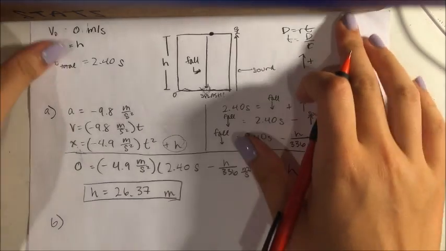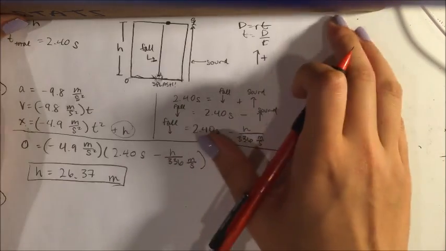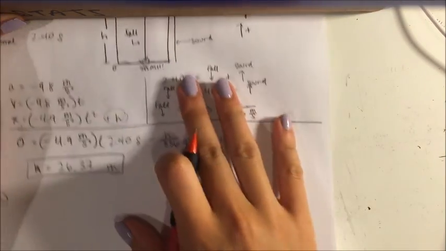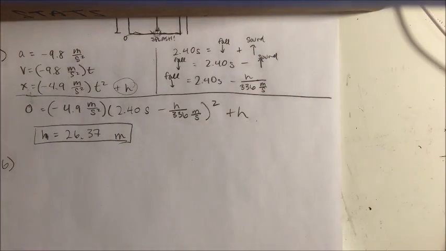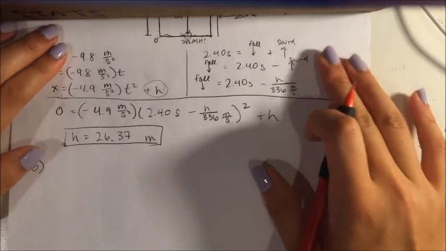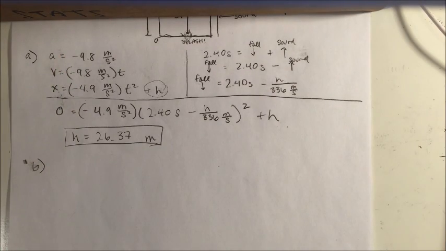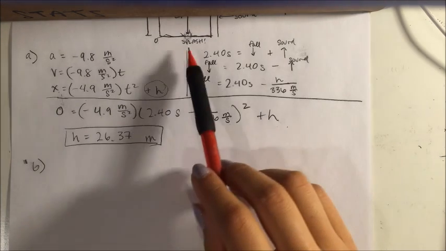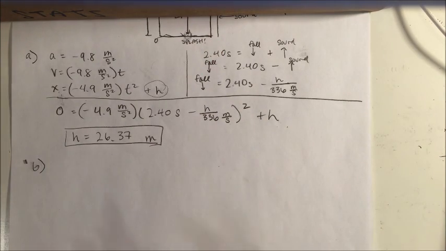Part B is actually about the same. So part B is asking you, if you were to neglect the speed of sound, and how long it took for sound to travel back up, what is the percent error? So to do that, we need to first find what the depth of the well would be calculated as if we did not account for sound.